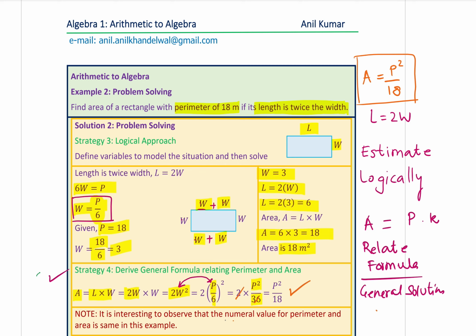This condition, length twice the width, gave us the relation between perimeter and width. And now, knowing the perimeter, we have the area. You get the idea? So directly we get the area from this formula. Correct? Now, you can use this for the given condition anytime. That's the beauty of this solution.